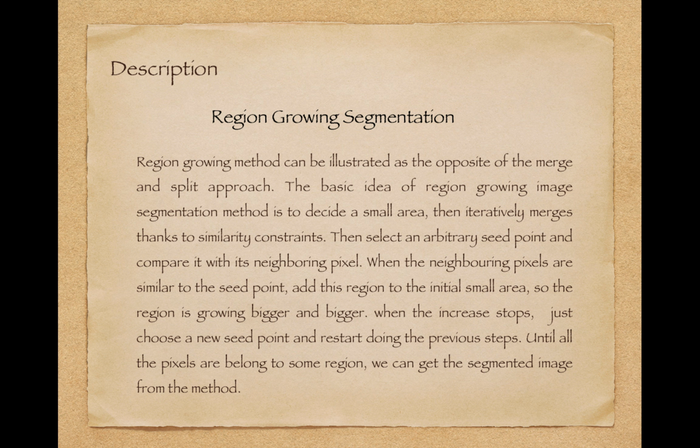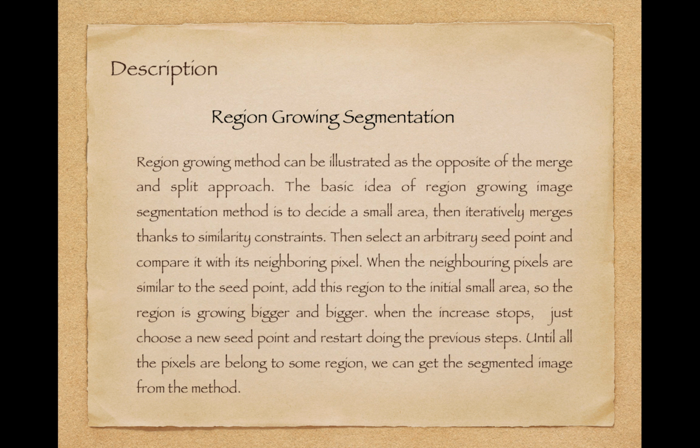For region growing segmentation, the region growing method can be illustrated as the opposite of the merge and split approach. The basic idea is to decide a small area that iteratively merges thanks to similarity constraints. Then select an arbitrary seed point and compare it with neighborhood points.